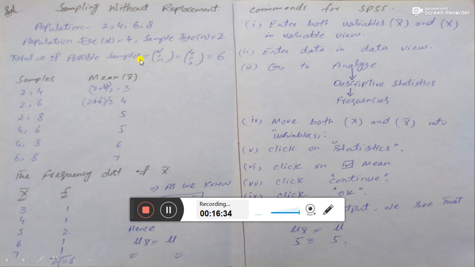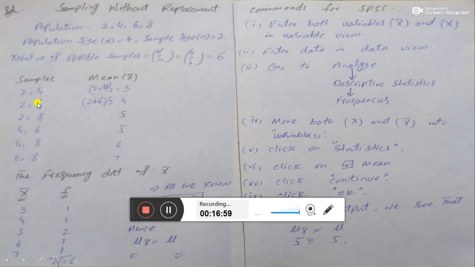The total number of possible samples in sampling without replacement is found by the formula NCn, that is population size combination sample size. 4C2, 4 combination 2, which is equal to 6. And you can calculate this combination on a scientific calculator very easily. So I must have 6 samples here.